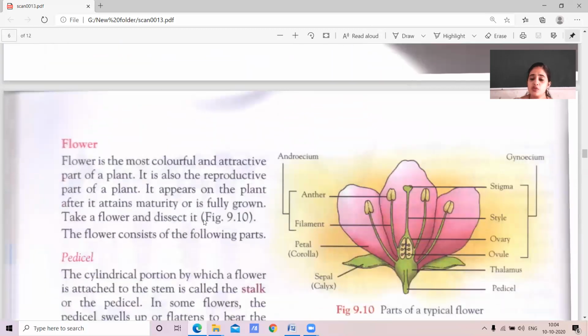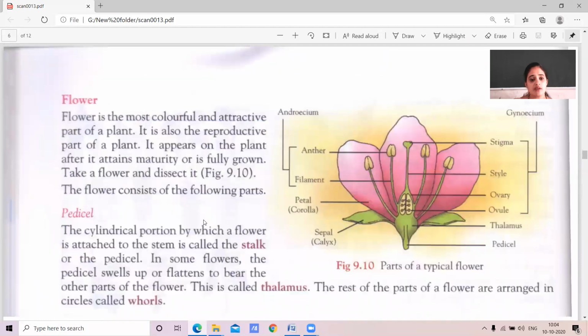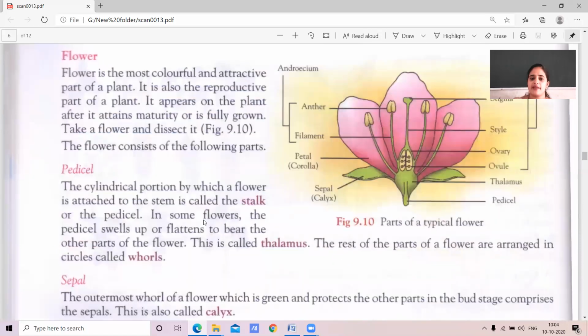Okay. So we come to the next part of the plant, the flower. Yes, children, the flower is a very colorful part and it is attractive to insects and everyone. The flower is the most colorful and attractive part of a plant and it is a reproductive part.